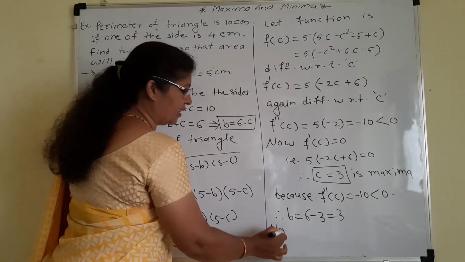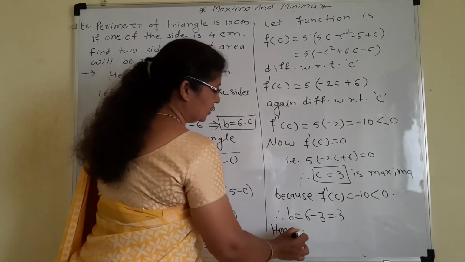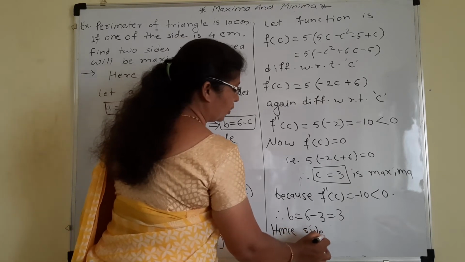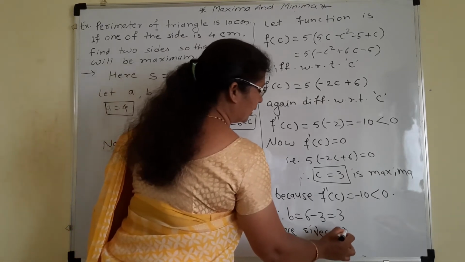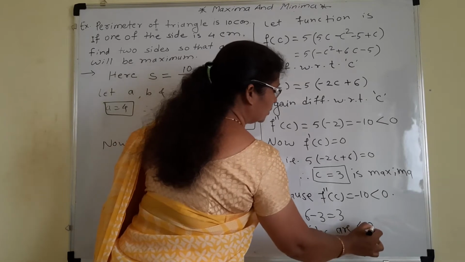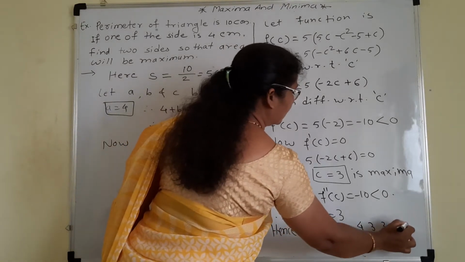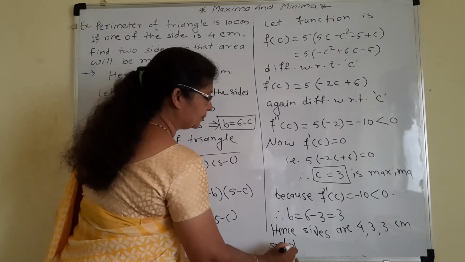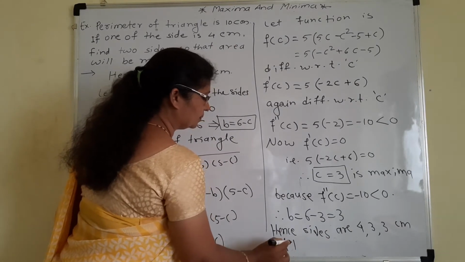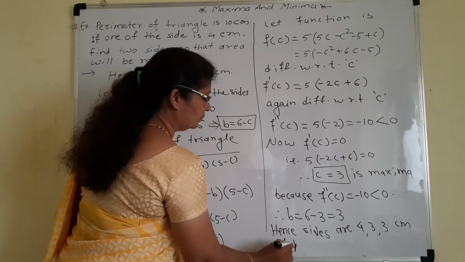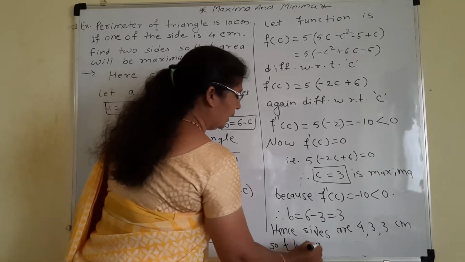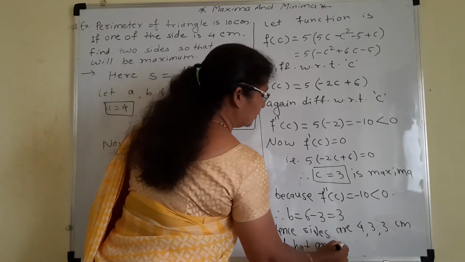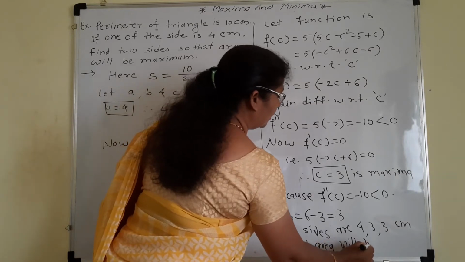Hence, write down your final answer: the sides of the triangle are 4, 3, 3 centimeters, so that the area will be maximum.